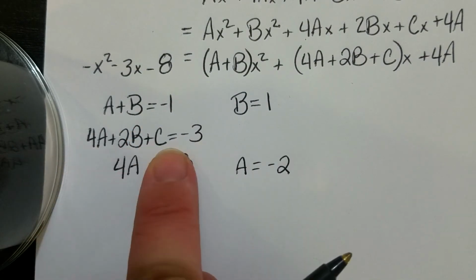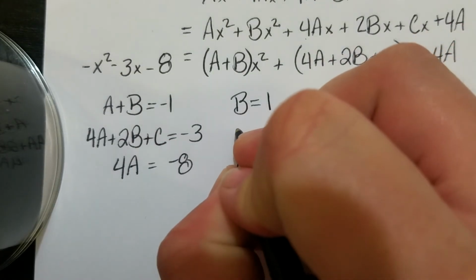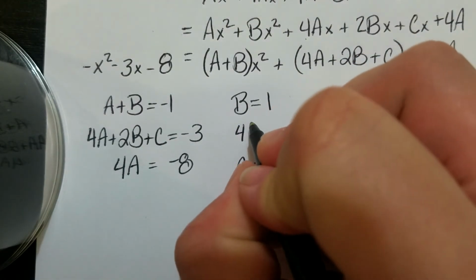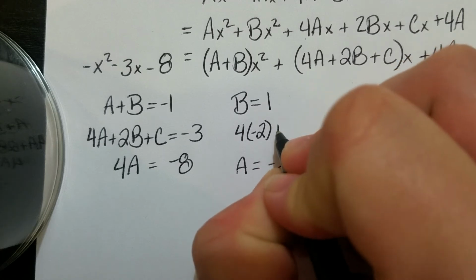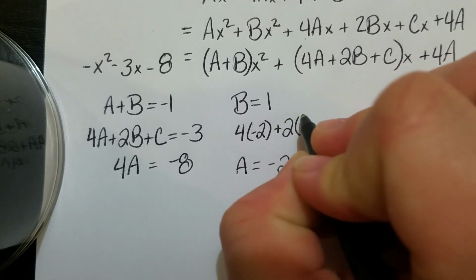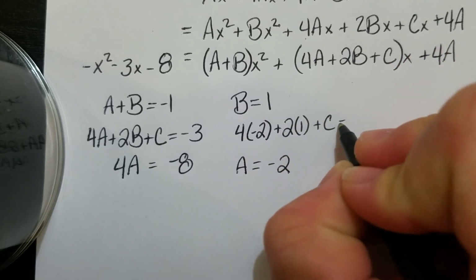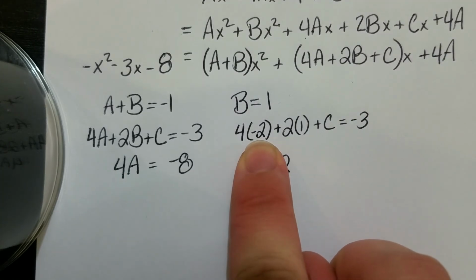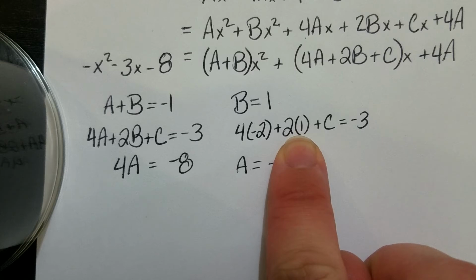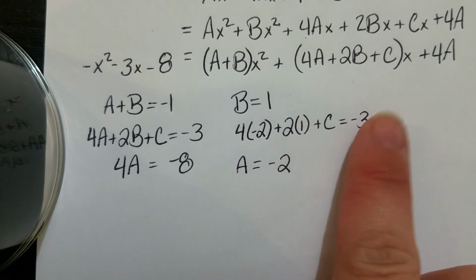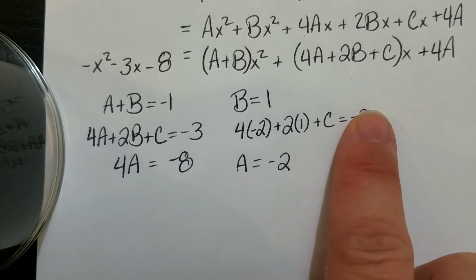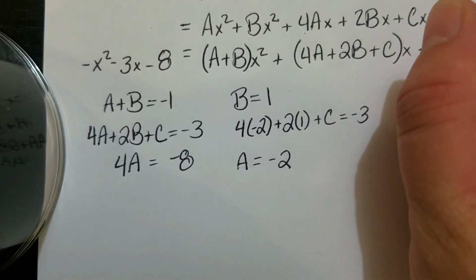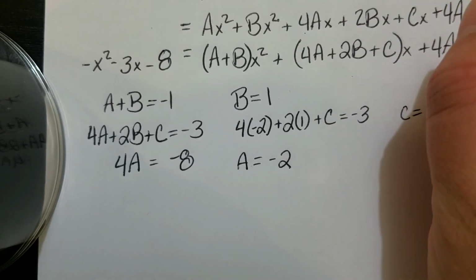Now that I know all that, I can plug in what I know here, and it means I've got 4 times -2 plus 2 times 1 plus C equals -3. So let's do the math here. This will be -8 plus 2, so that'll be -6. -6, if I add it to the other side, will be +3. So C would have to be 3.